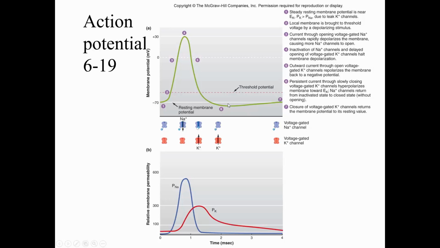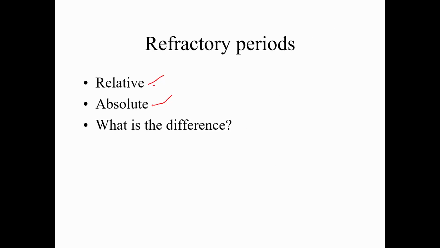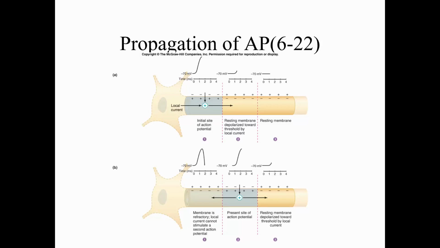So I can get an action potential, but I have to stimulate more to get to threshold. Once I get back to rest, my refractory period is over. So look on the website, I have another little video presentation that shows you how that works using MetaNeuron.